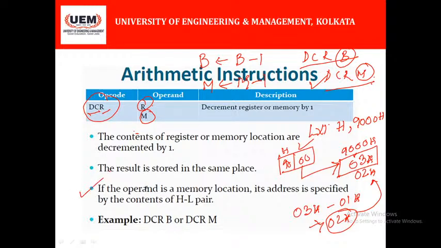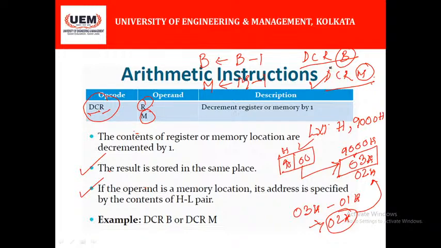As I said, if the operand is a memory location, its address is specified by the contents of the HL register pair. The result is stored in the same place.